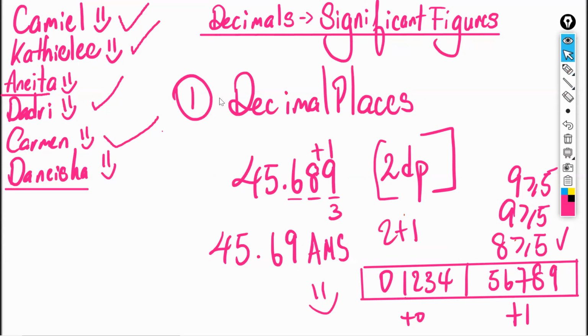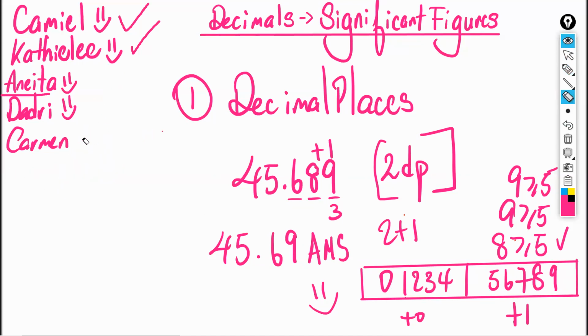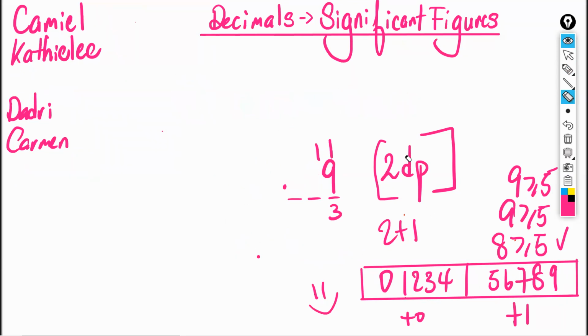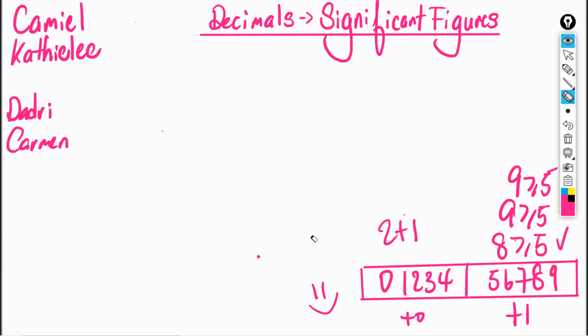Don't look like Danisha is here. No. Cool. We're good, guys. So it's just 4 of us right now. I'm not seeing the other students. So let's wait until they come back next class, right? So we'll finish with decimal places, and we should be okay with it now, guys.